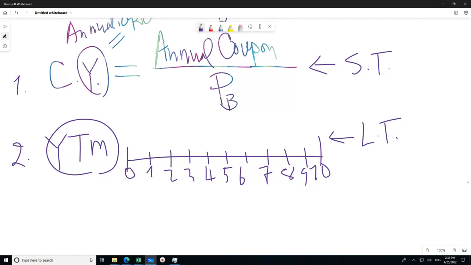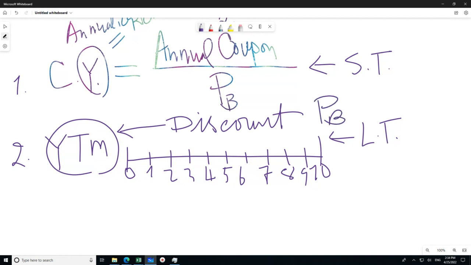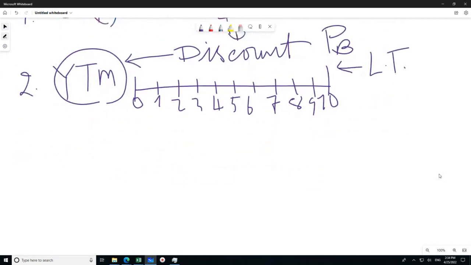But also, it's the discount rate, right? Given the price of the bond today, this is the discount rate. So we can think of it this way also.